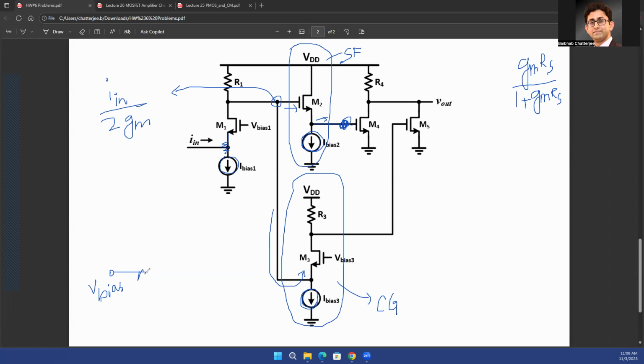Why? Because there would always be some parasitic resistance and some parasitic leakage current. So even if you're connecting this V bias to the gate, it also has some leakage in a real scenario.